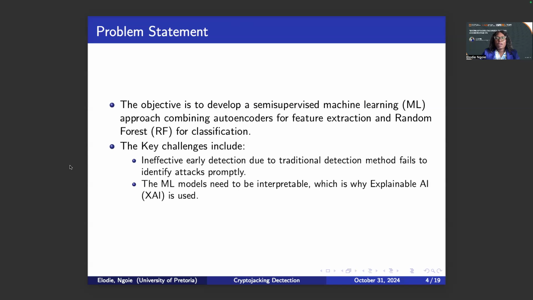Traditional methods often fail to identify these attacks promptly. Furthermore, making this machine learning model interpretable is crucial, which is why we've included explainable artificial intelligence, or XAI, into our approach.